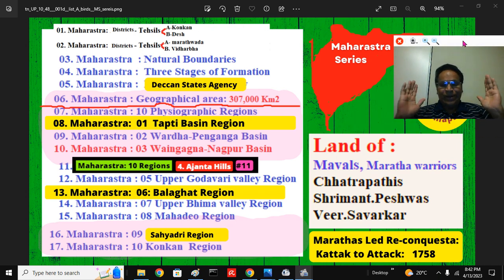Maharashtra is a very great province. The Marathas, the residents of Maharashtra, had a very big, fascinating empire.